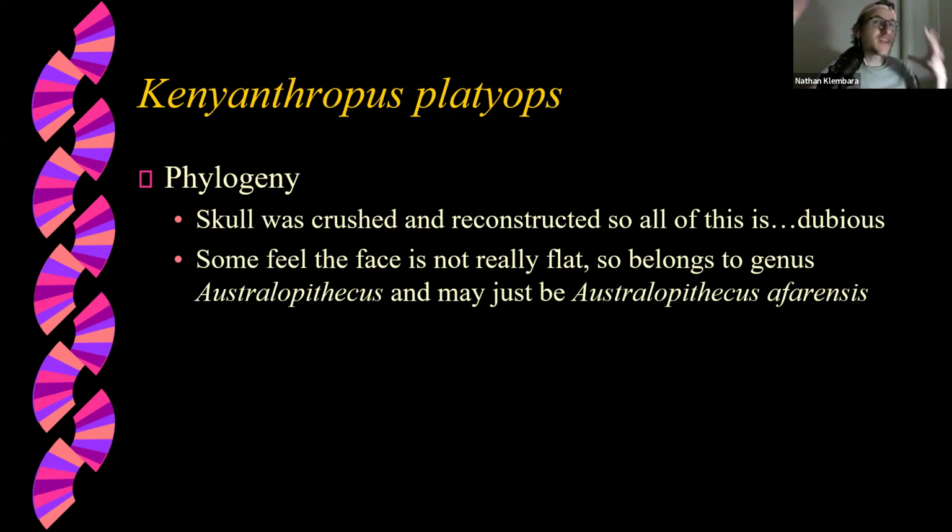Other people have argued that if you reconstruct it a third way, it looks a lot like Australopithecus afarensis, and so maybe this specimen isn't a new species at all, but really is just a member of Australopithecus afarensis, since it overlaps with the timeline that we know afarensis was running around East Africa. So I'm talking about it here because there is a chance that there is a flat-faced new genus running around 3.2, 3.5 million years ago. There might not be, but it is up for debate.